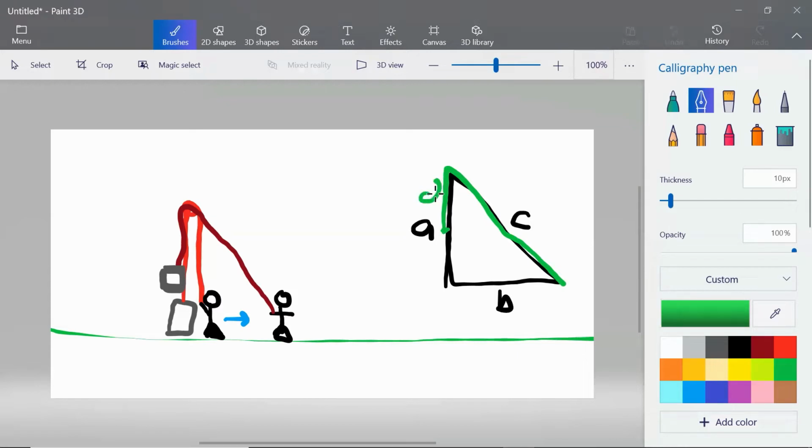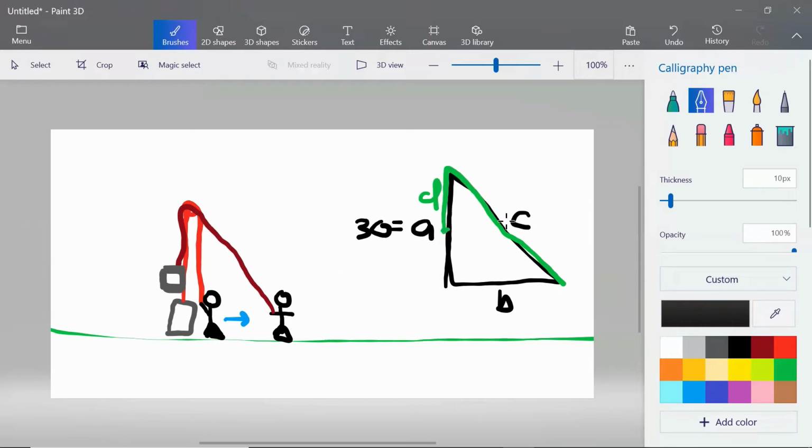So the D is going to be the length of the rope from the weight up to the pulley. So A here, I'm always going to pretend is 30. That's how I'm going to find, given how far this person has walked, the hypotenuse of that triangle, which is the length of the rope from the pulley to this man's hand.